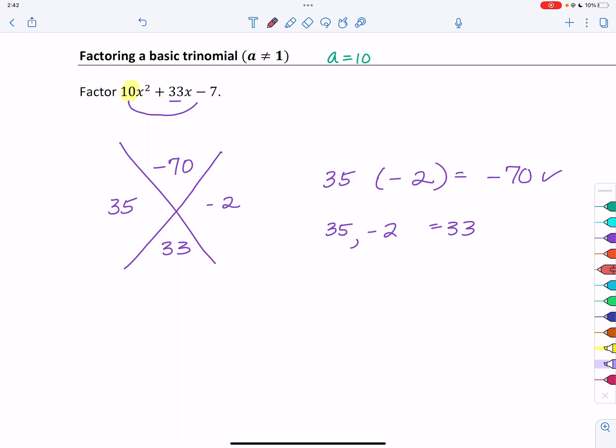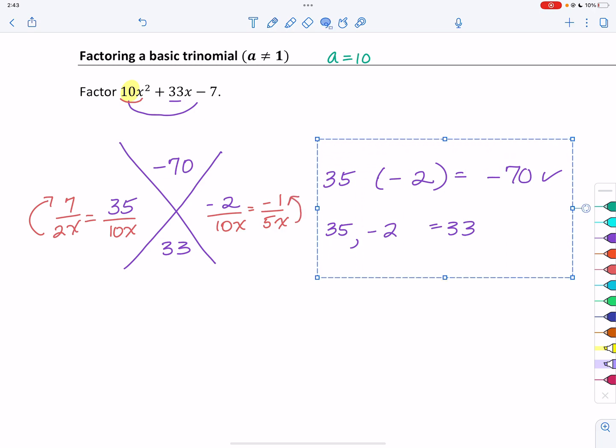So now we will take 10x and divide each of those. And as you can see, these are not reduced. So dividing the numerator and denominator by a 2 and dividing the numerator and denominator by a 5. And so what we have now is going to be 2x plus 7 and 5x minus 1.